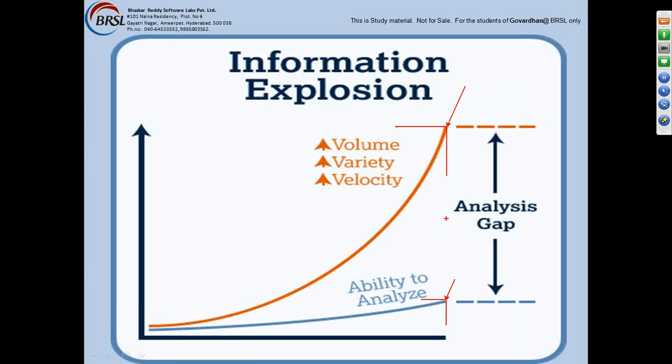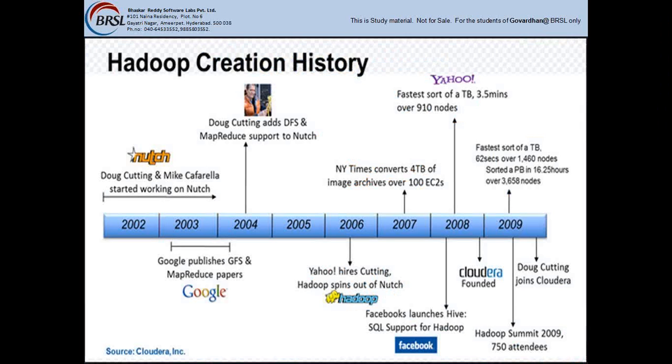Now imagine an application which has no scope to process data at that speed, volume, velocity or variety. It will definitely not give correct results. When the result is not correct and you try to make a decision on that particular result, definitely the result and the decision both are wrong. That is the analysis gap.